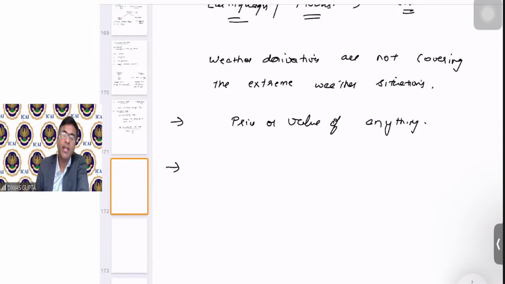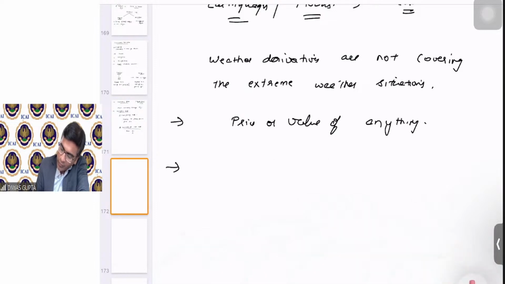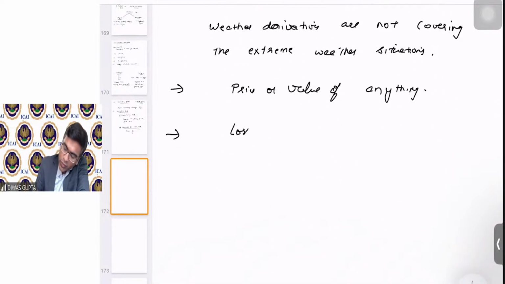Here, in weather derivatives, we deal with the volume of the loss. So basically, we talk about volume lost. In this derivative, we talk about loss of volume, not loss of price.